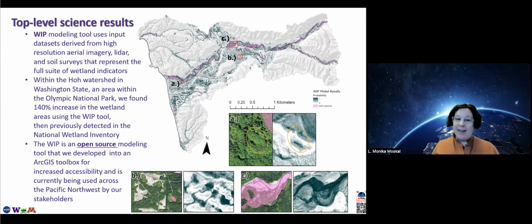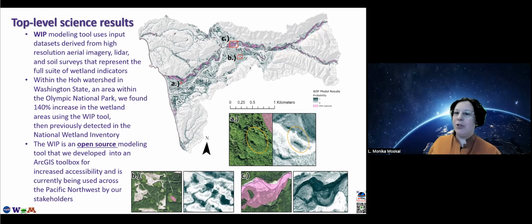Within the Hoh watershed, we found a 140% increase in the wetland area identified by our WIP tool as compared to the National Wetland Inventory. So we're capturing something that is not being captured by any other form of inventory or accounting on the landscape.